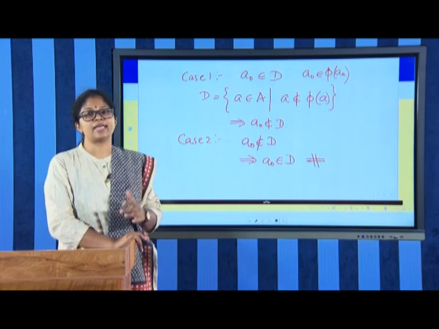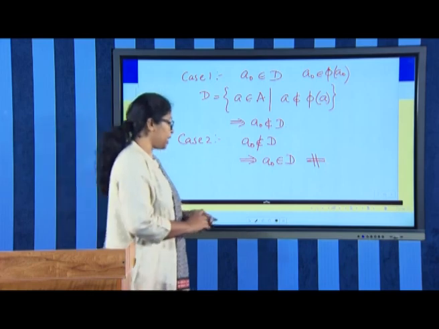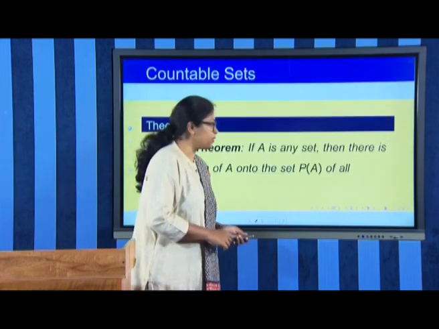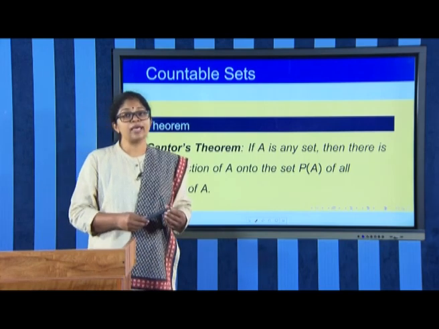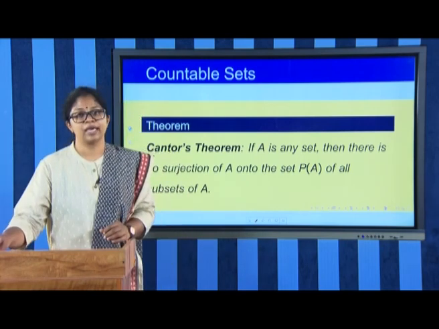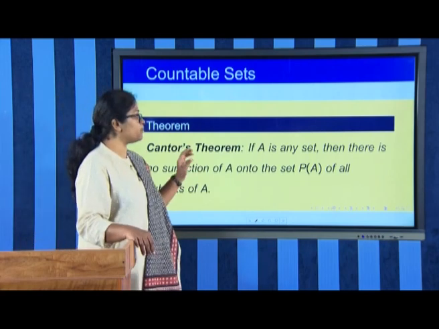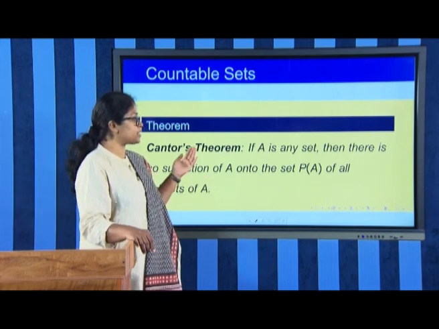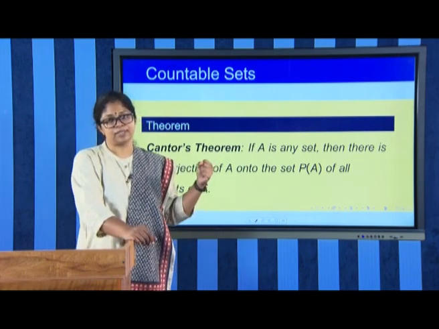Because we cannot establish such a surjection from A onto P of A. This is the proof of Cantor's theorem, and this is following Russell's paradox in set theory. So, this proof shows that we cannot establish a surjection from any set onto its power set.